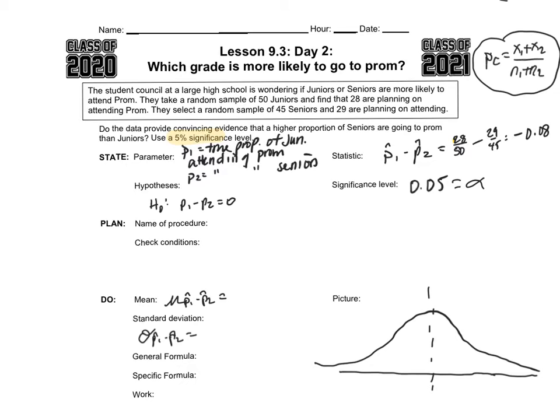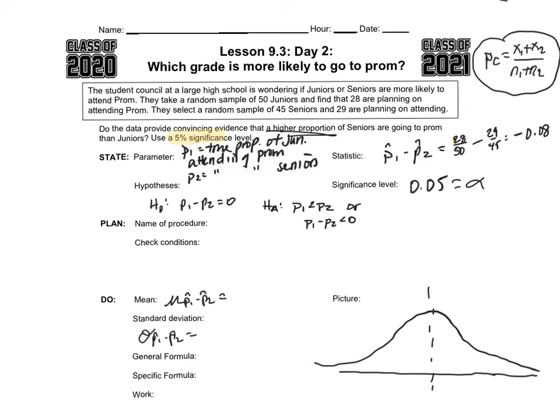In the question, it says, do the data provide convincing evidence that a higher proportion of seniors are going to prom than juniors? Which would mean, for my alternative, that P1 was less than P2, or that P1 minus P2 was less than 0, or was negative.